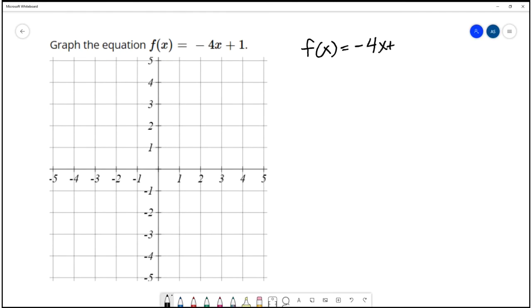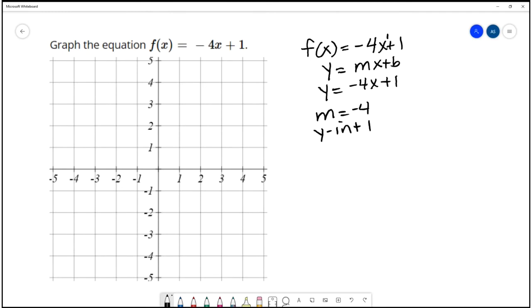It's linear because we have x to the first power, so we can think of this as y equals mx plus b. Y equals negative 4x plus 1. So this equation has a slope of negative 4 and a y-intercept of 1.